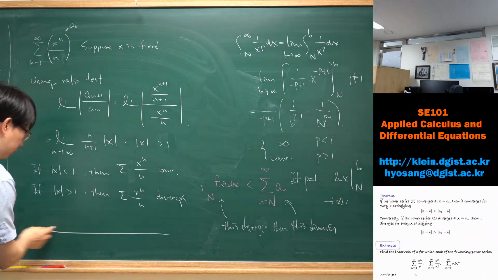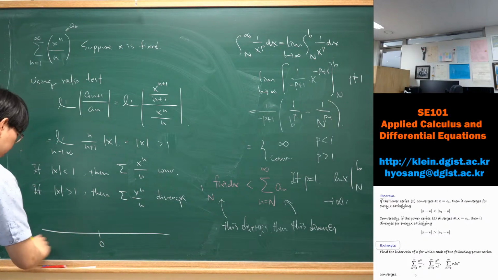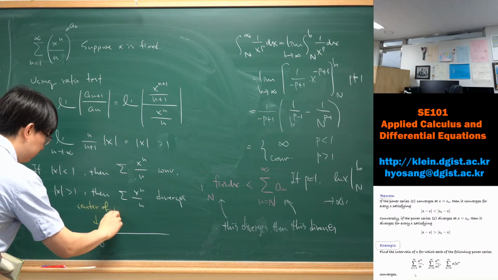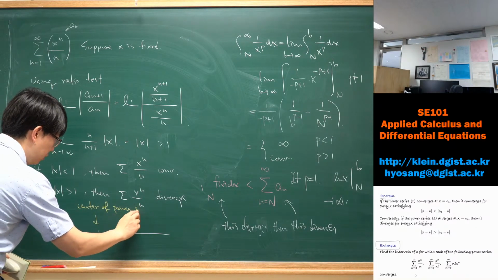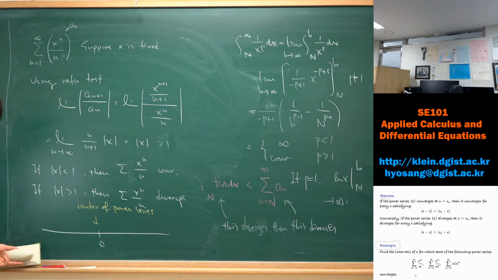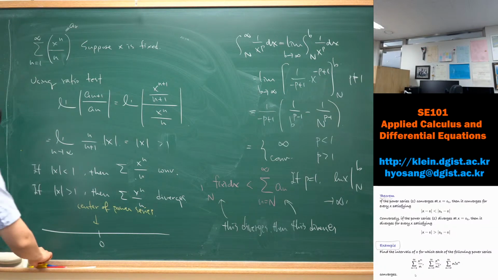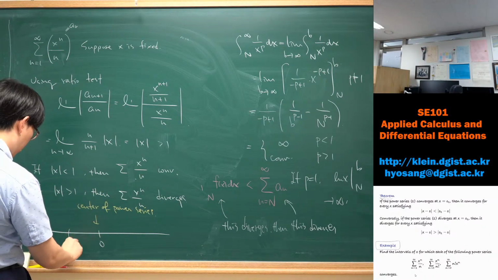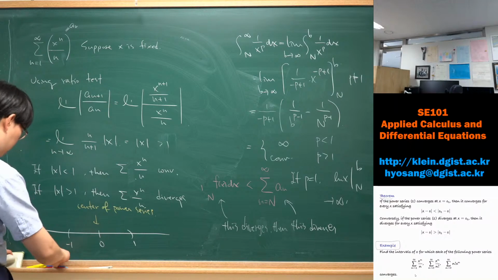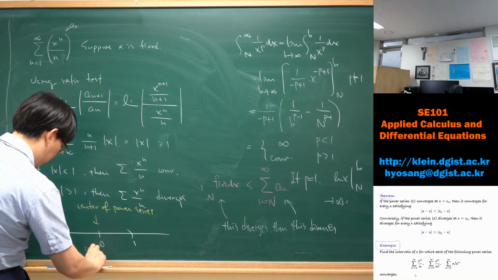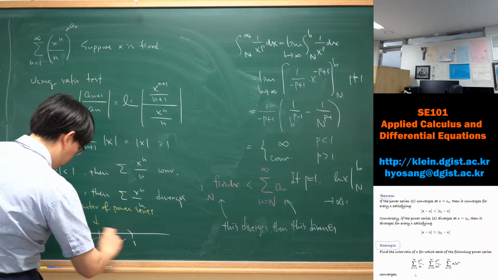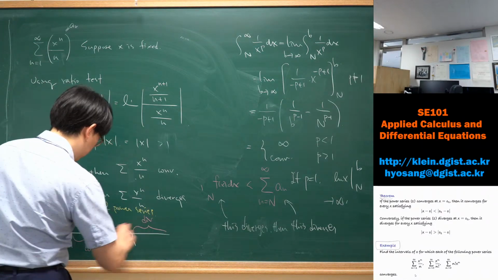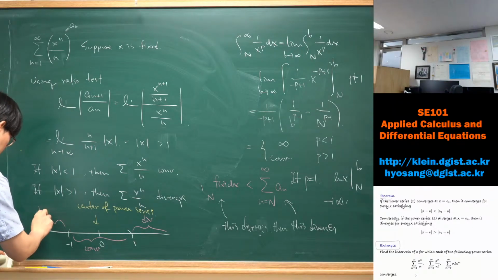So it says we have a center. This is the center of the power series. Okay? And if x lies between -1 and 1, then this converges on here, and it diverges outside on the left.